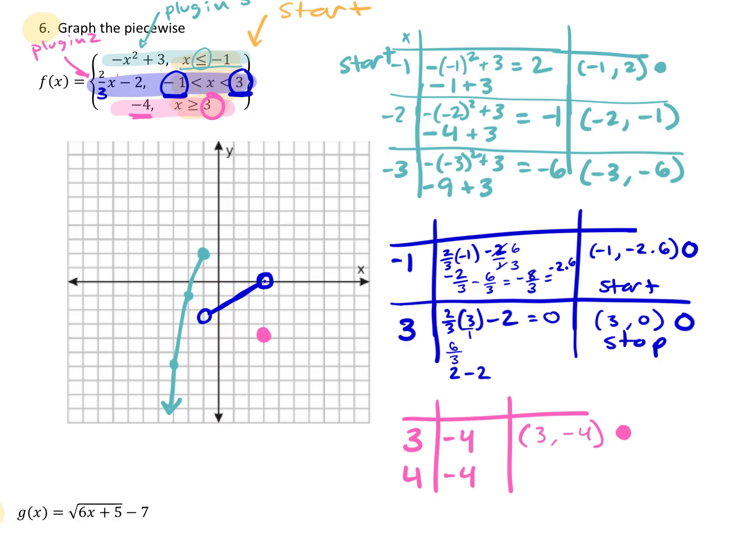It didn't change, because we're not really plugging anything in here. So our point would be 4, -4. Now this point's just direction. So I'm going to go to the right 4, down 4, put a point. Start at the first one, go in the direction of the second point. So our line will look like this. When there's no x and just a number, it's going to be a constant line. It will be a flat line when it's just a number.